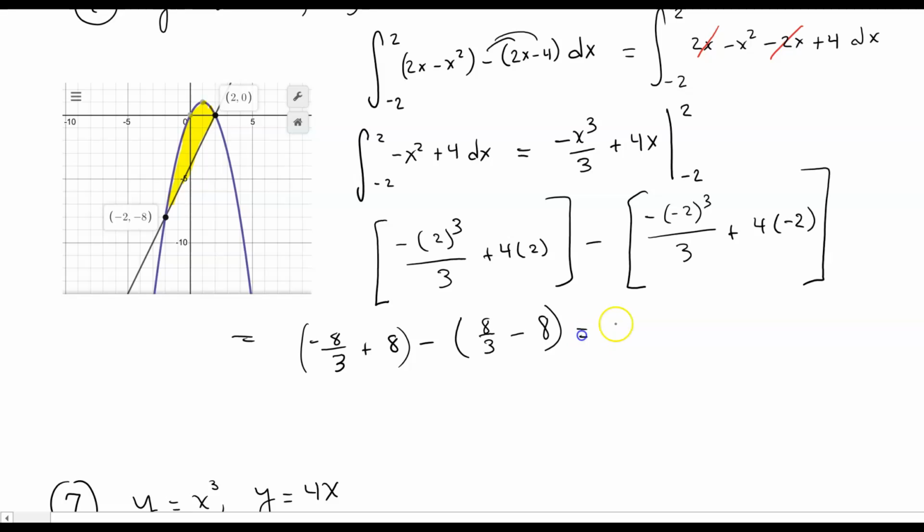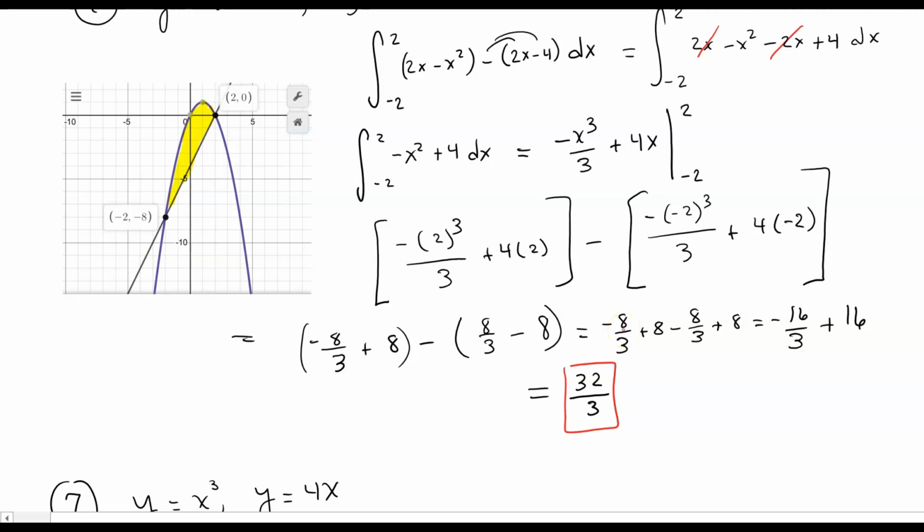And so we end up with -8/3 plus 8 minus 8/3 plus 8. And we get something like -16 over 3 plus 16. And when you do the sum total of that, you get a fraction 32 out of 3. And that right there represents the area of that shaded region in yellow.